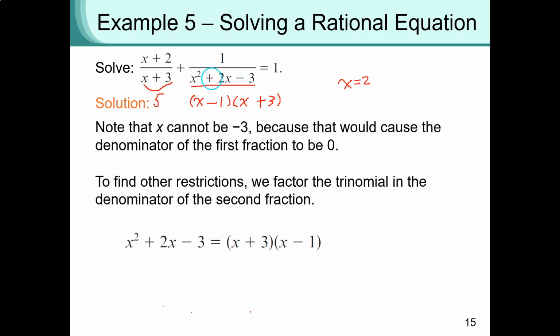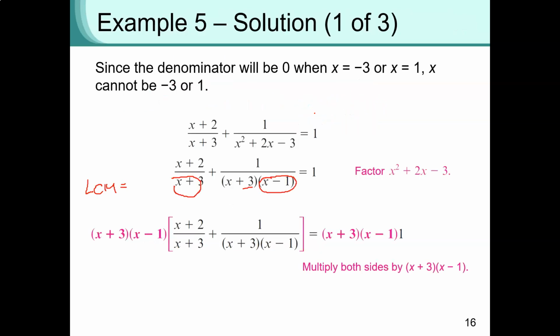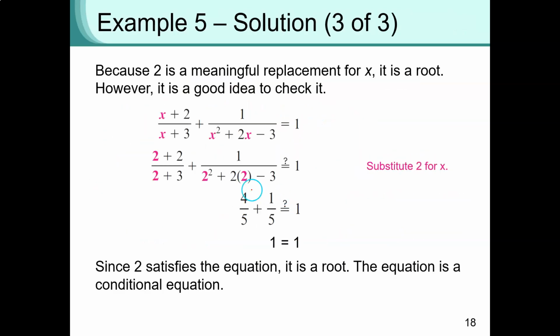When I have the 2 plugged back to here, we will get a 4 minus 3, which is negative 3. That is okay. So when we solve for this equation, we have the particular solution, which is 2. So this is a conditional equation. We only have one solution.